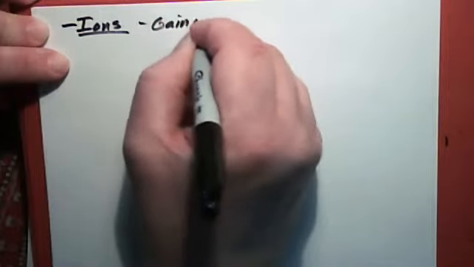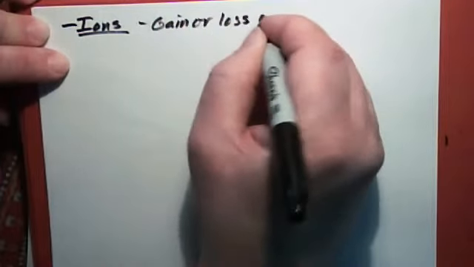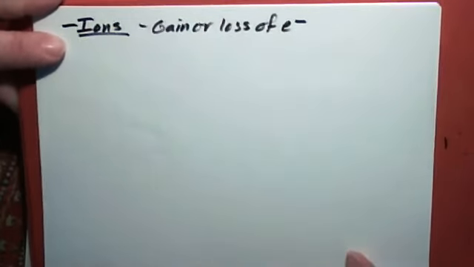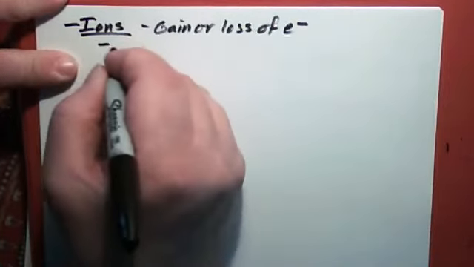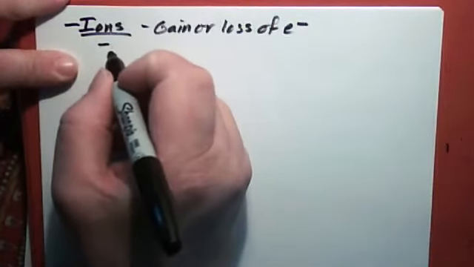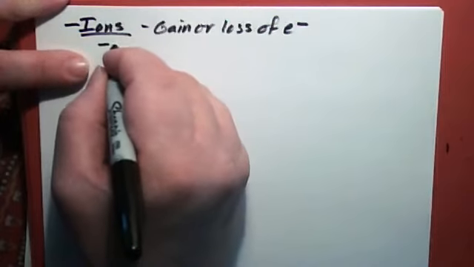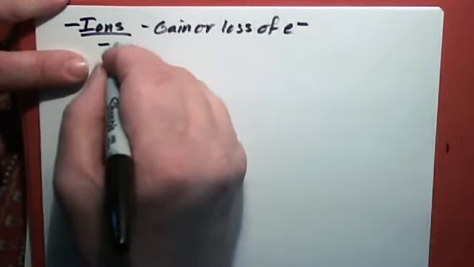Okay, now ions. Ions are caused by gain or loss of electrons by an atom. We know that neutral atoms have the same number of protons and electrons.